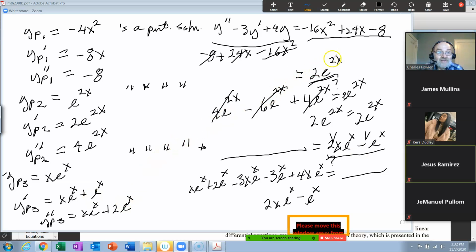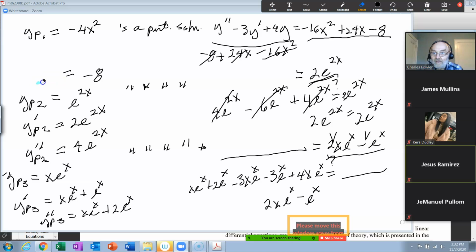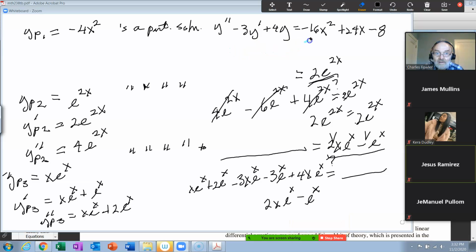and I have very, very little room to write, so what I think I'm going to do is see if I can erase some stuff here. So let's erase this part here. Okay. I may leave the rest of it there for a minute. Okay.